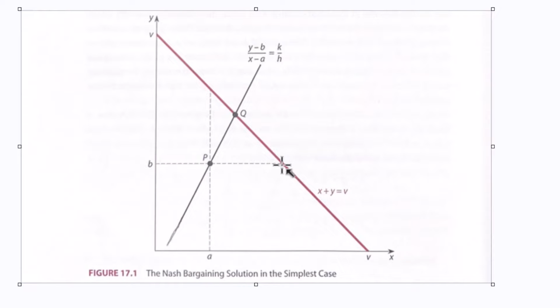But then, of course, the other player really doesn't have much of an incentive to make a deal. Vice versa, if all of the incentive goes to player two, player one gets nothing. But it'll be somewhere in between, and our equation shows the intersection of the x plus y equals v line, and Q would indeed be the expected outcome from this bargained solution.